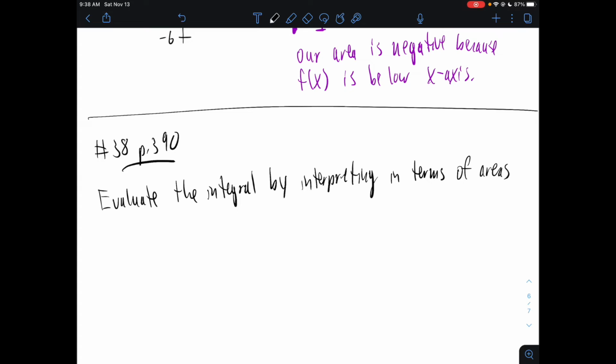This whole business of taking a limit of an infinite sum starts to become really difficult with much harder functions than just linear functions. So for example, in number 38, we're asked to find the integral from negative 5 to 5 of x minus the square root of 25 minus x squared dx.